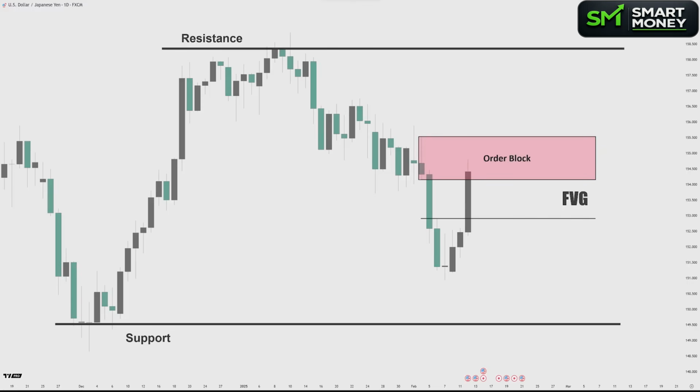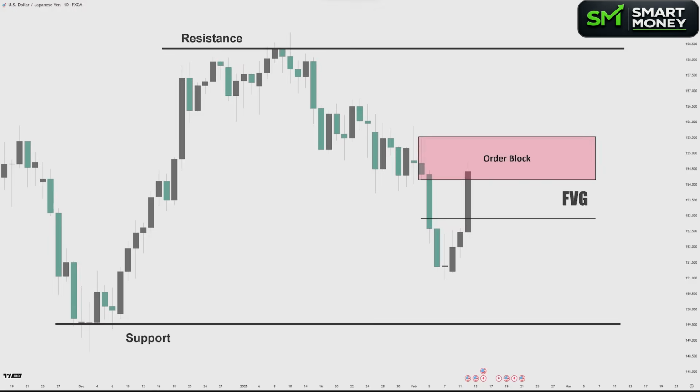However, the daily time frame is not our entry time frame, so we need to zoom into lower time frames, such as the 4-hour and 1-hour charts, to look for confirmation and a possible short setup. Overall, the higher time frame is bearish, and there is still room for price to move before reaching the next important demand zone. This is all we need from the higher time frame. Identify the overall market sentiment and mark the key levels.